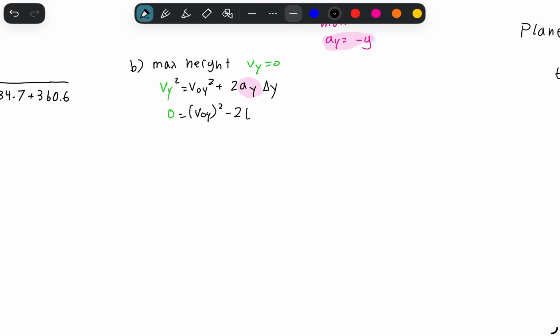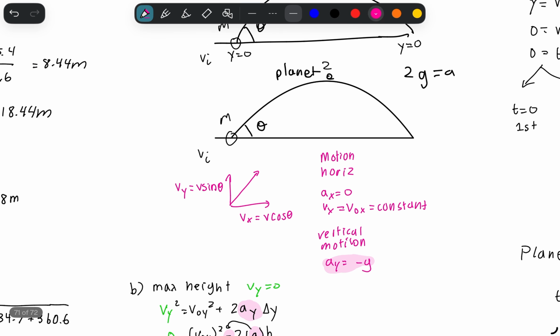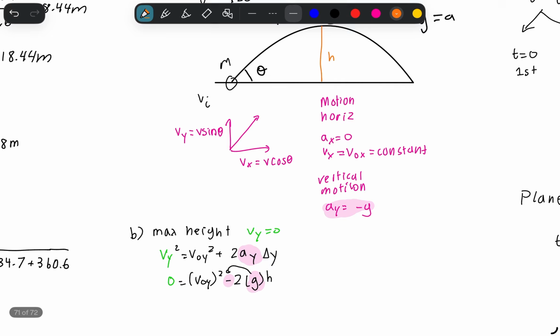So we have negative g, but we can move that negative out there. And we have our delta y, which we'll just call the height h.